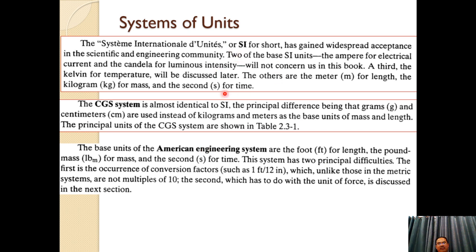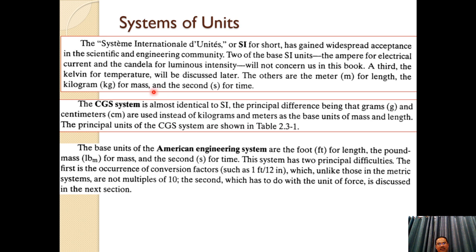Now let's compare SI, CGS, and American engineering units. For length, SI is meter, CGS is centimeter, and American engineering system is feet. For mass, SI unit is kilogram, CGS is gram, and American engineering unit is pound mass.